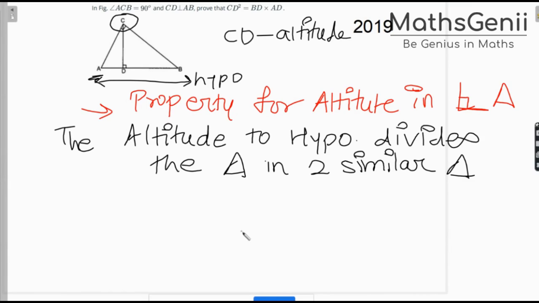Look at this carefully. ADC is similar to CDB. Triangle ADC, how is the similar symbol like this? Is similar to triangle CDB.